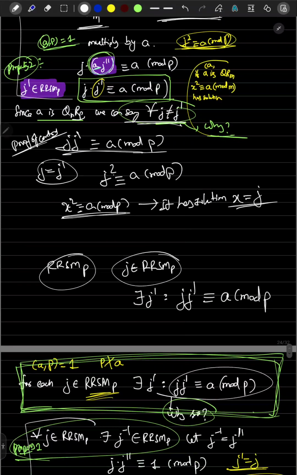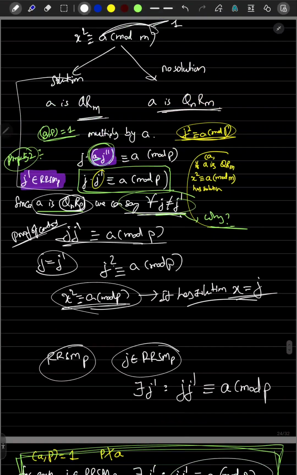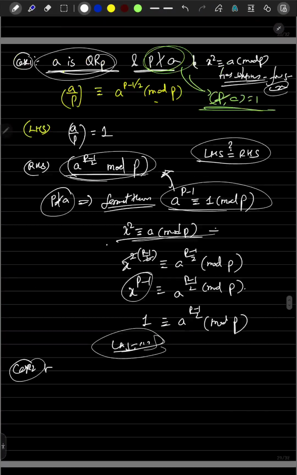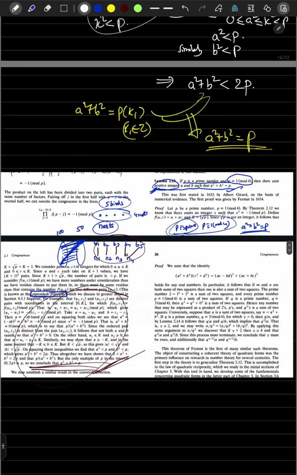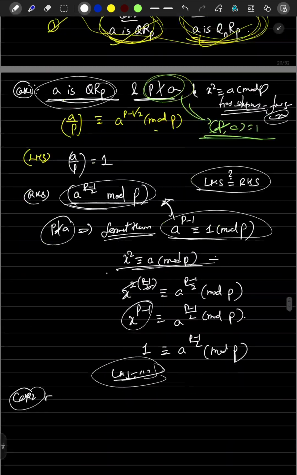But we know that since A is a QNR mod P, does it have a solution? Tell me. No. QNR means it has no solution for this equation. Why?